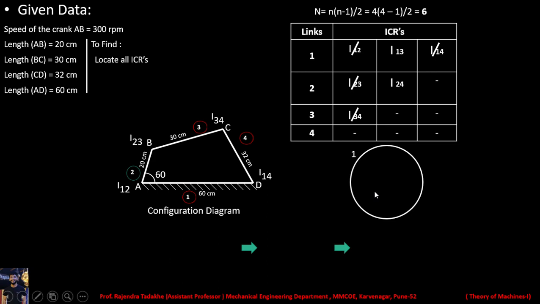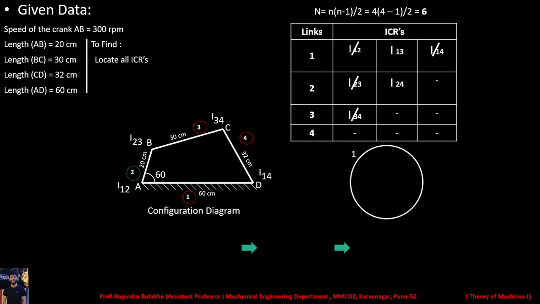Now we have to mark points on the circumference of the circle. But again the question comes, how many points do we have to mark? Definitely I will answer your question. We have to mark a number of points on the circumference equal to the number of links in the given configuration. Look at this configuration and tell me how many links we have. 4.